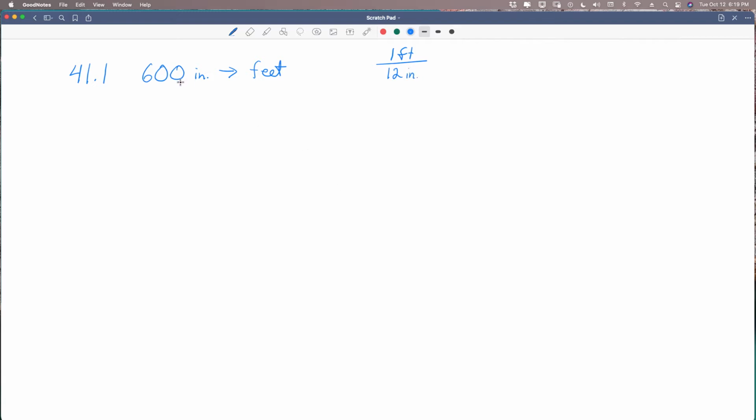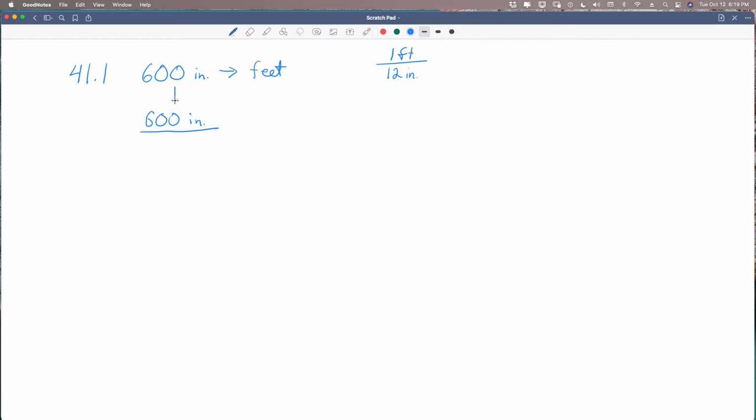So in using this point of reference, we can convert this into feet. What is important is to remember that the unit of measure on the top is the unit of measure you want to use on the bottom.